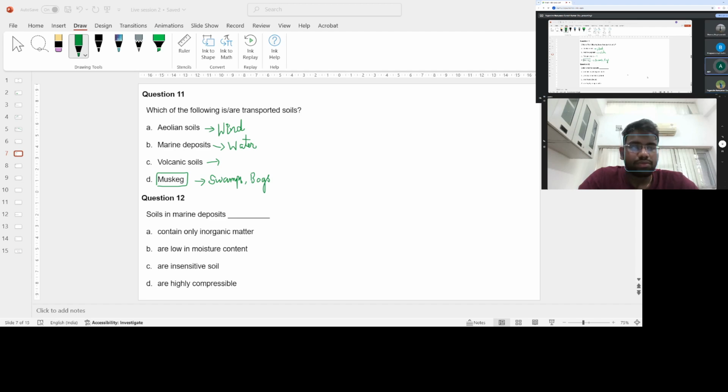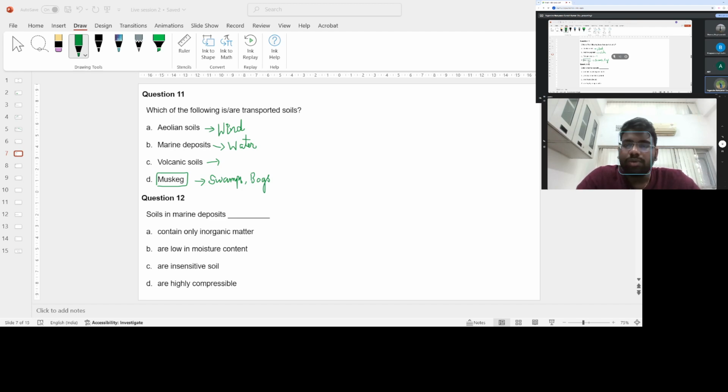Does organic soil also come under the same, sir? Other than muskeg, it is also organic, but normally peat or any other material also comes under non-transported soils. Those are essentially due to decomposition of organic matter. Since these deposits occur at that place itself, they are predominantly residual.